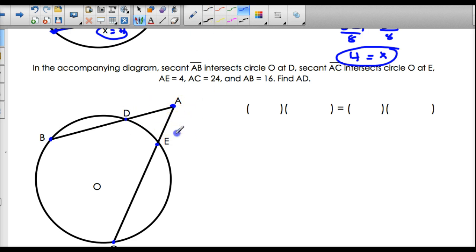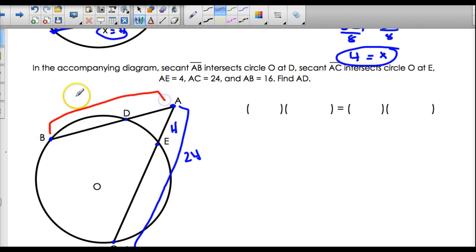AE is 4. AC, which is the whole thing, is 24. AB is 16. This whole thing is 16. We want to find out what AD is, so let's put that as X.